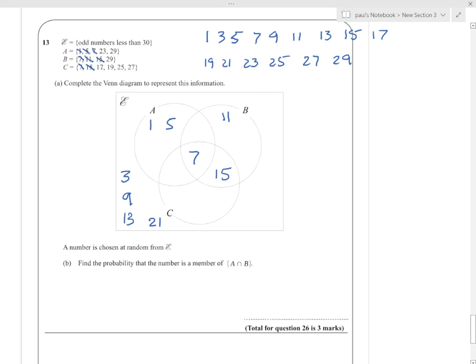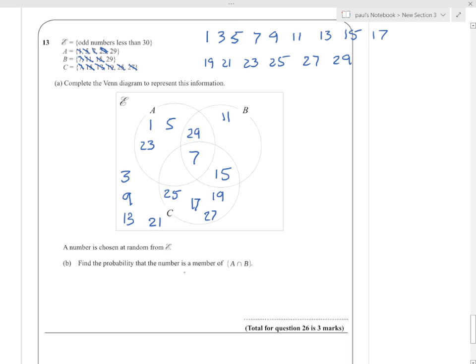The 17 is just in C. 19 is just in C. 21 we've done, that's outside. 23 is just in A. 25 is just in C. 27 is just in C. And 29 is in A and B. So we don't get anything that's in A and C.